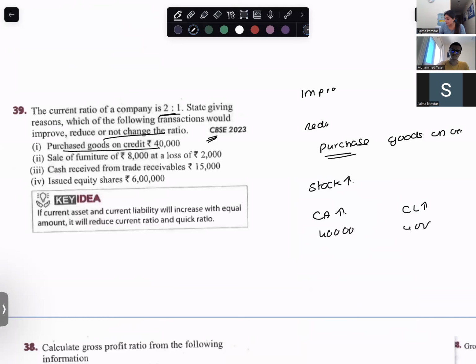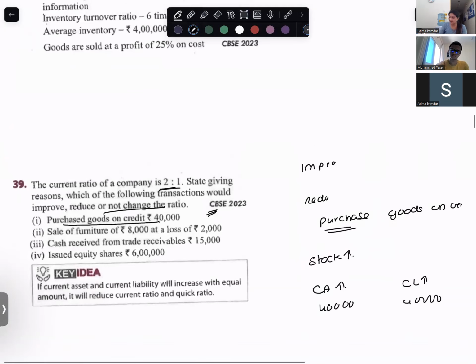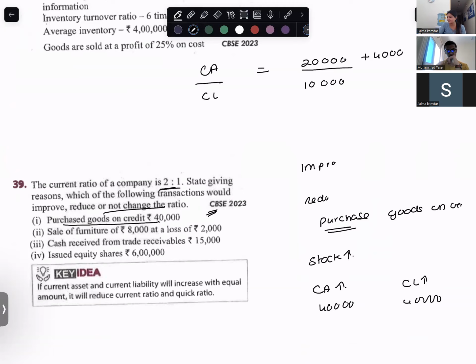When I don't understand what to do, what will I do? I'll do current assets over current liability is equal to 20,000 by 10,000. I will take this amount as my base. Current assets are increasing by 40,000 and current liability is also increasing by 40,000.